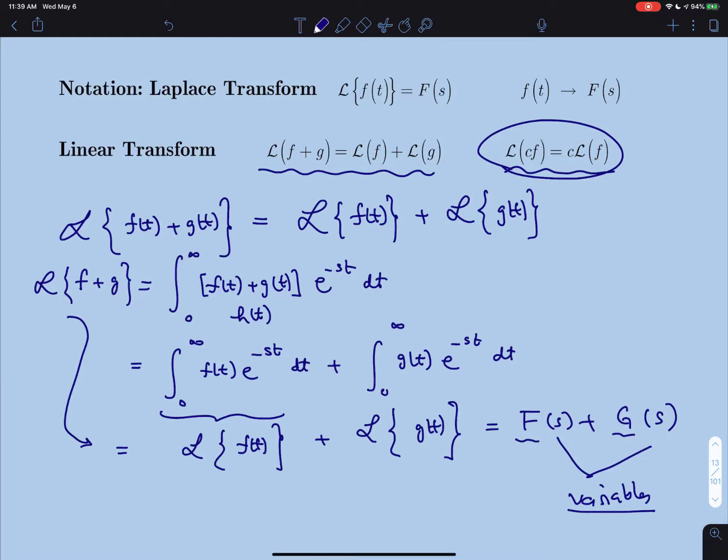Now, in order for us to work with Laplace transform and use it to solve differential equations, which is our ultimate objective in this chapter, or in this module, we first need to learn how to find Laplace transform of some basic functions using the definition, which pretty much boils down to you guys doing a whole bunch of integration by parts, or any kind of an integration technique that you've learned in second semester calculus.